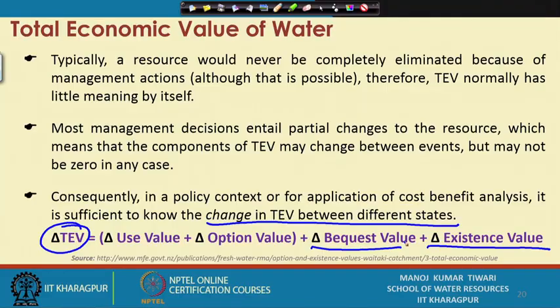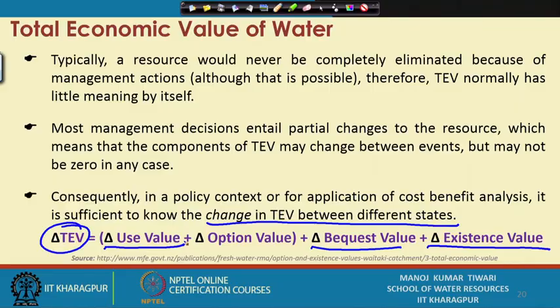Option value again will have impacts based on the future aspects and what kinds of uses can be made. So, based on the project, it will have its own option value, and the usage value is the one which will also largely govern the change in the total economic value of water.